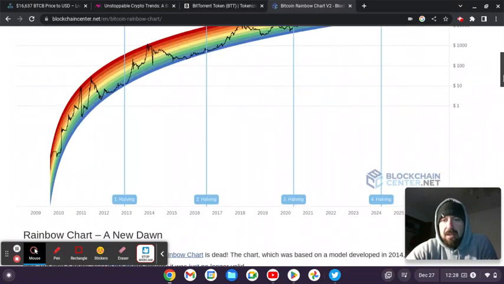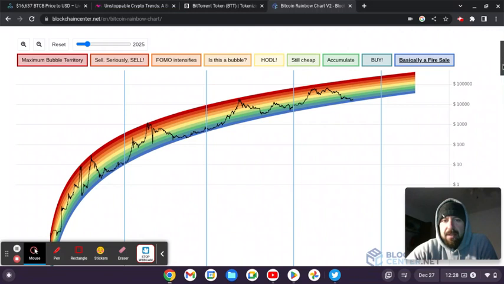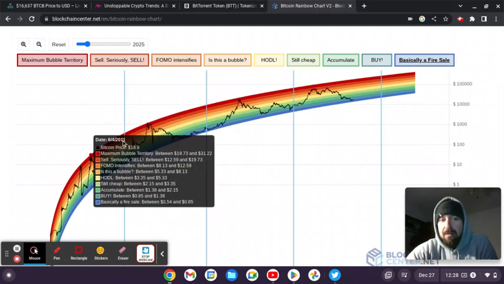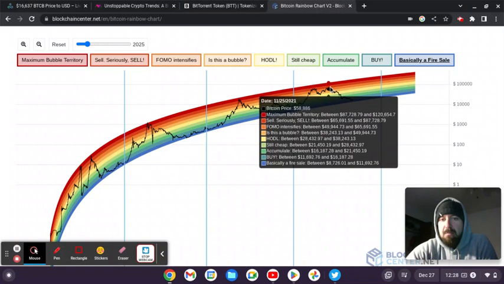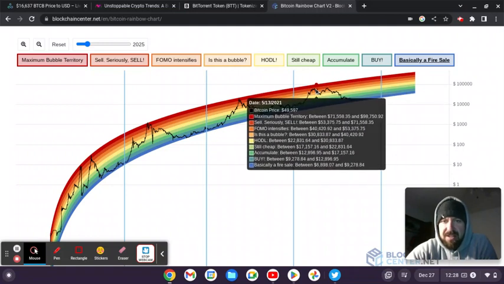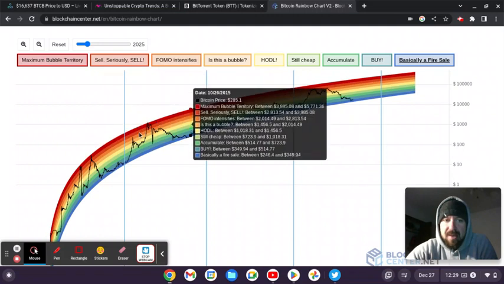Obviously, the maximization of the peak has lowered every time there has been a peak, but Bitcoin is still moving higher and higher, and it actually did not hit up in this red area like it always has.